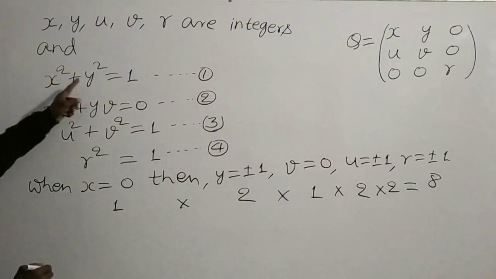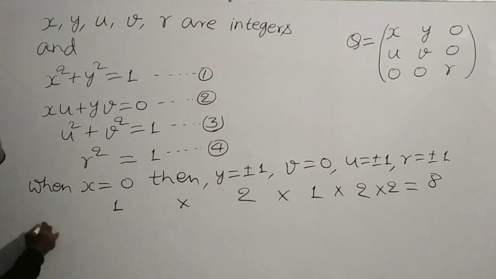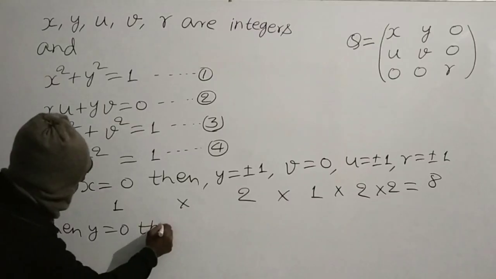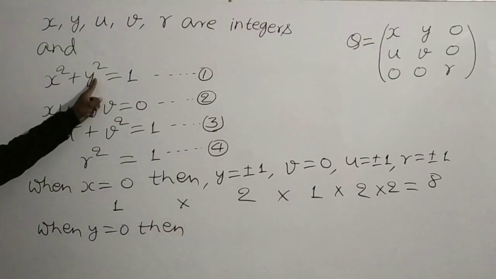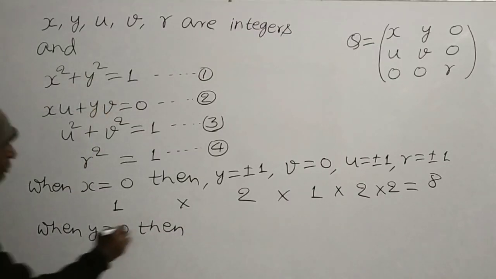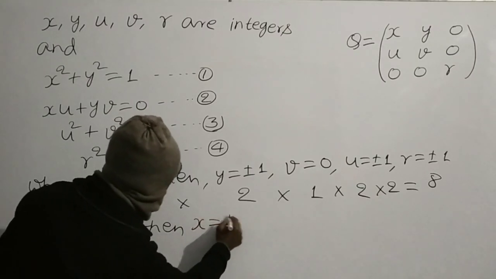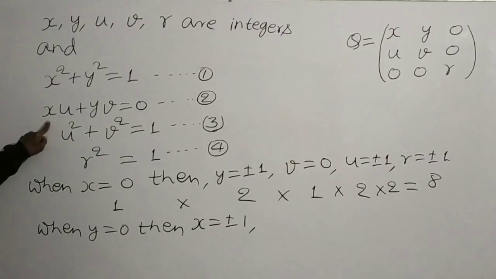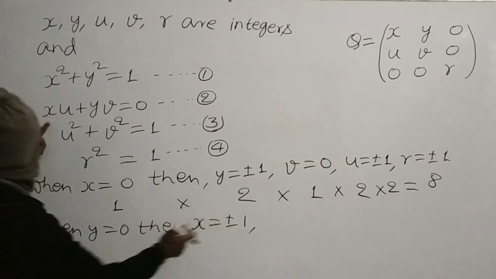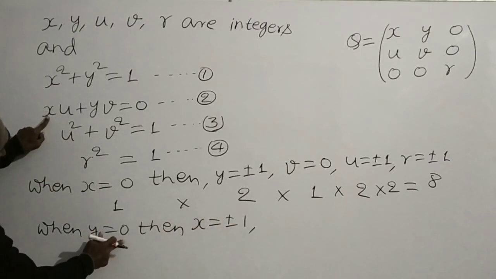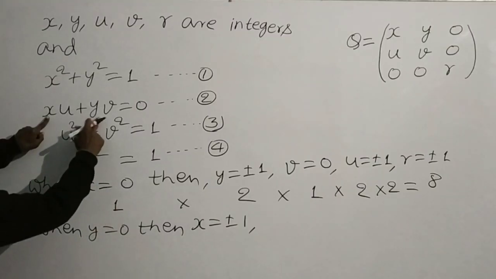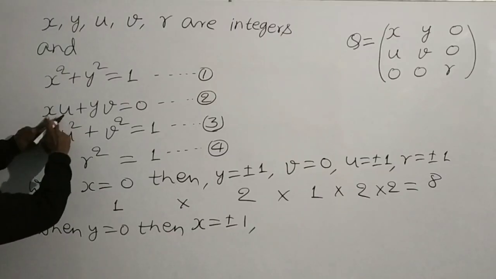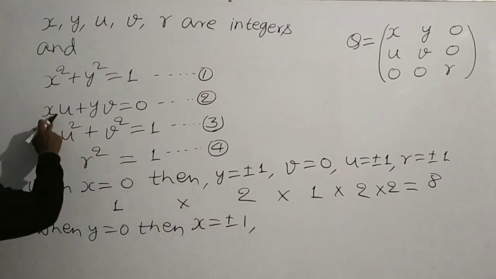When y is equal to 0, if we put 0 here, we get x is equal to plus minus 1. We put plus minus 1 in place of x and 0 in place of y, then this becomes 0 plus xu, but x is plus minus 1.